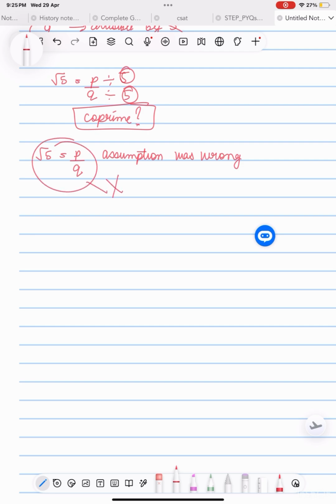This assumption was wrong. It is not rational. And if it is not rational, it must be irrational. Hence, we have proved that root 5 is an irrational number.